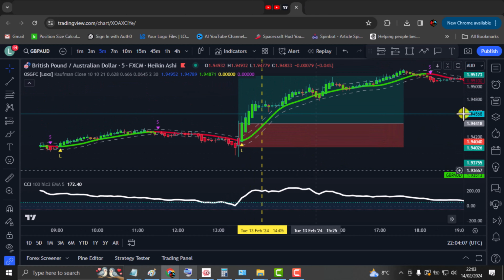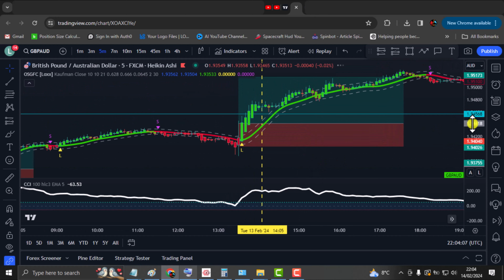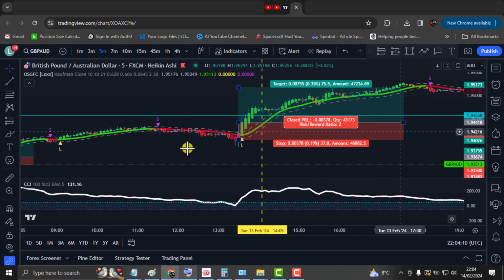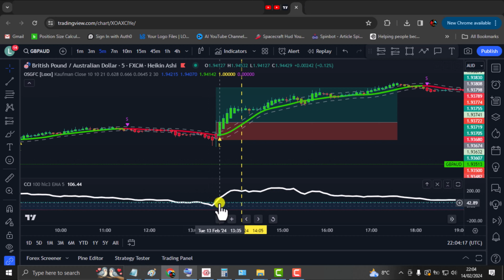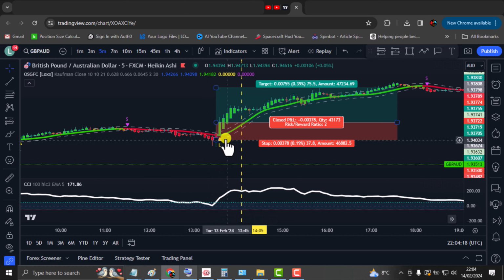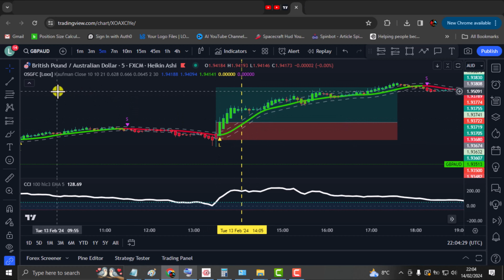On 5 minutes, obviously you're going to get way fewer signals, but the same principle applies over here. So you see, price has to be above the green line for us to consider a buy. And once we had the signal for a buy, we have to check price. The signal was generated above the moving average of the OSGF indicator.